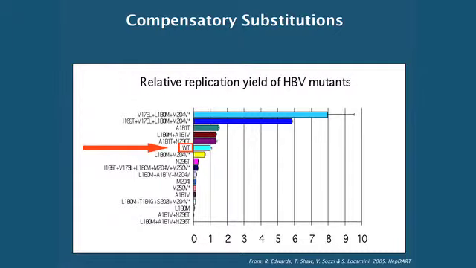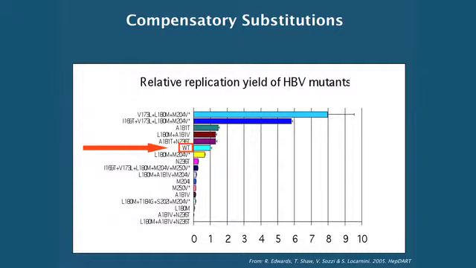I draw your attention to the red arrow, which is boxed as the wild type drug-sensitive hepatitis B virus reference clone, and I've ranked that as a number 1. Now the common lamivudine resistant substitution is the L180M plus the M204V directly underneath that wild type reference clone, and you can see there's a 30% reduction in the amount of replication associated with that variant.